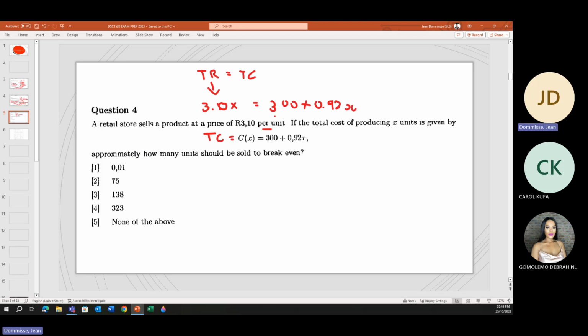So we basically need to solve that equation. Okay, so 3.10x. I normally want to take all my x's to one side where it stays positive.